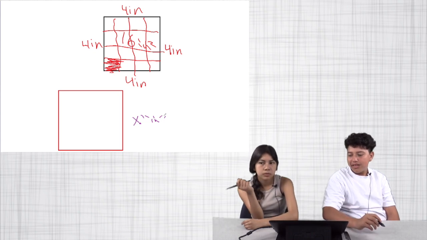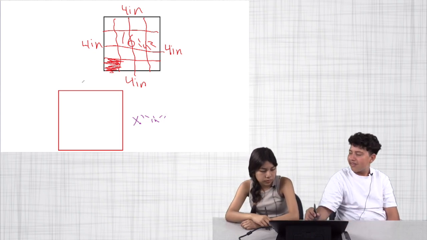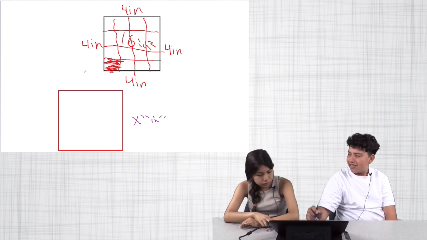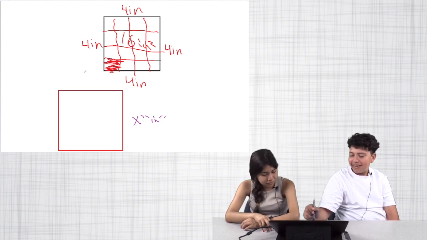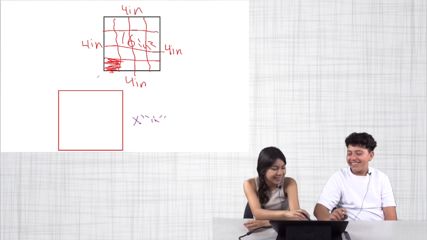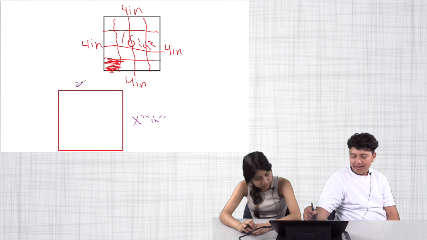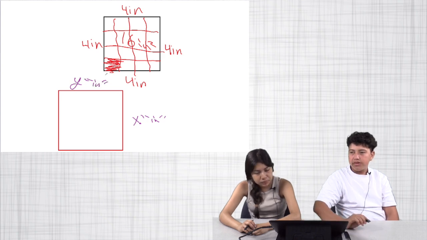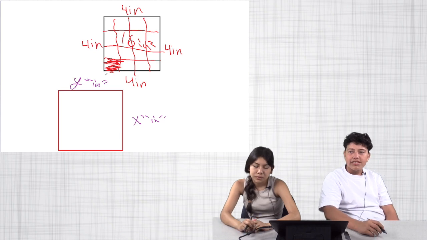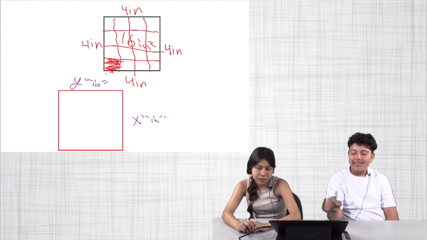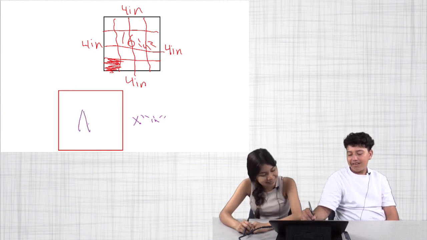Okay, can you label anything else? Make it Y. So are you telling me that I need to give you two numbers in order for you to find the area? No. Because if you use two variables, it means you're telling me I need to give you two numbers.